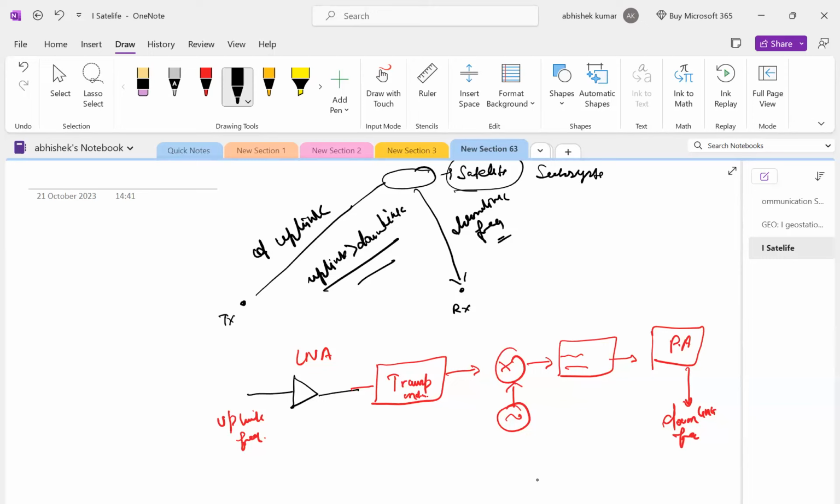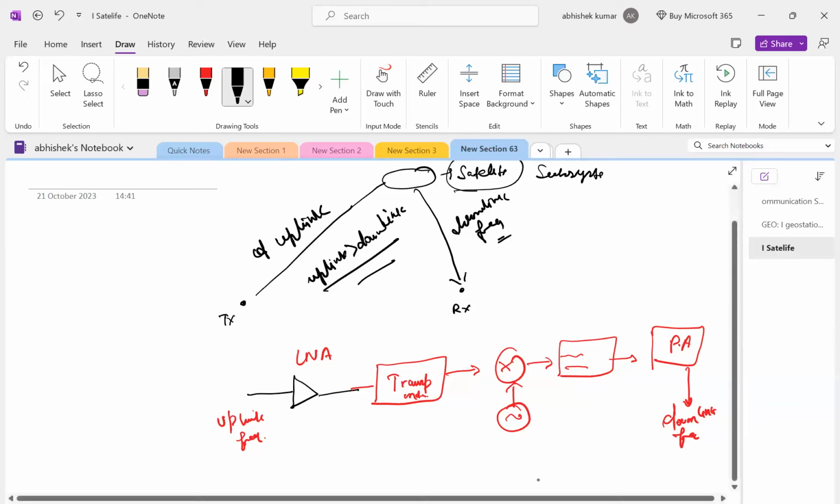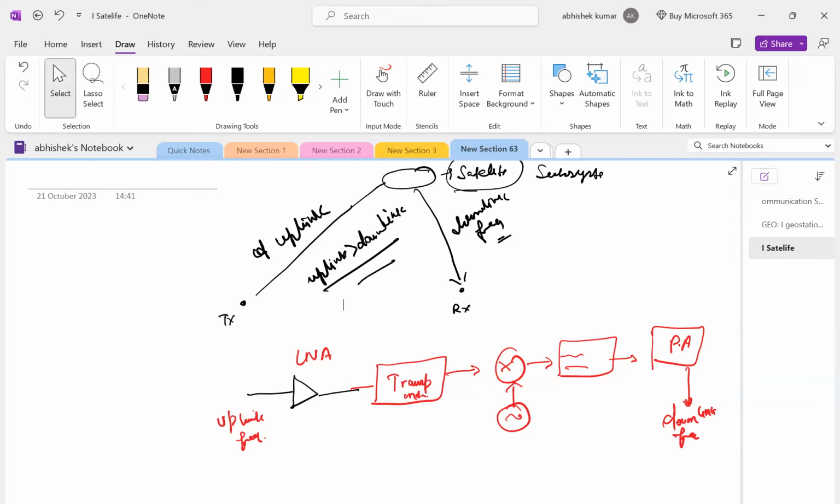Do you have any doubt here? Can you see slide 57, page 15? You can see we have a figure, right?